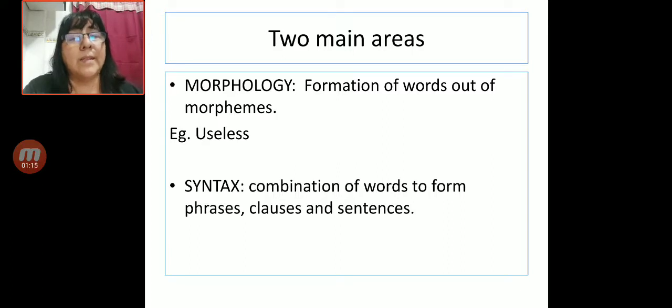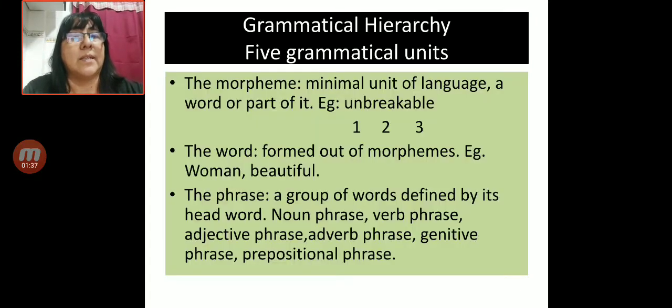And syntax, another main area, deals with the combination of words to form phrases, clauses, and sentences. Later on we are going to see what is a phrase, a clause, and a sentence.